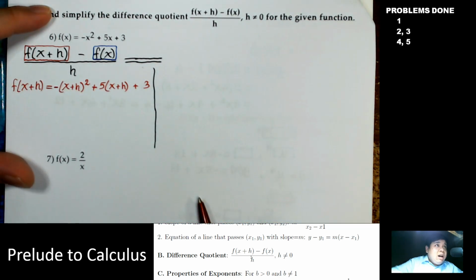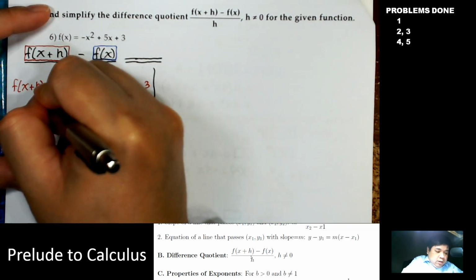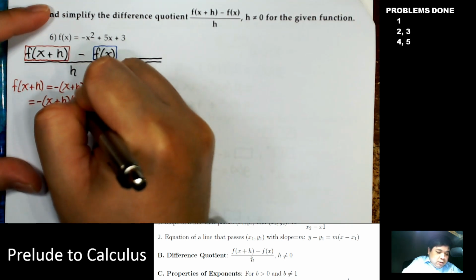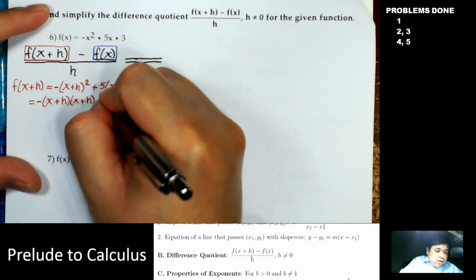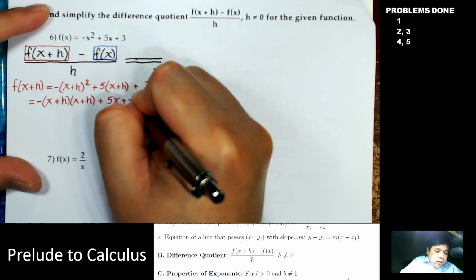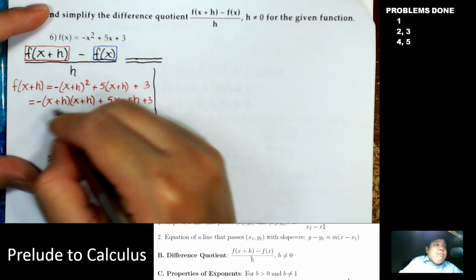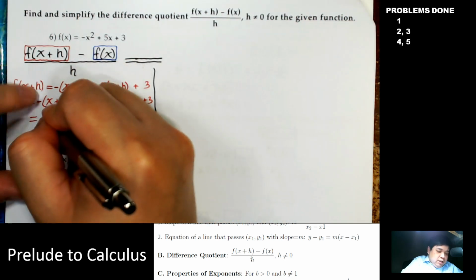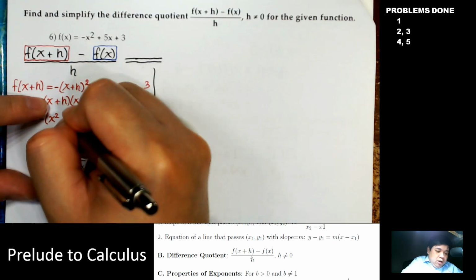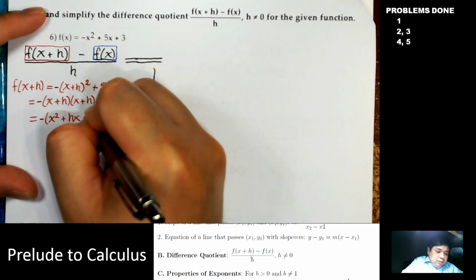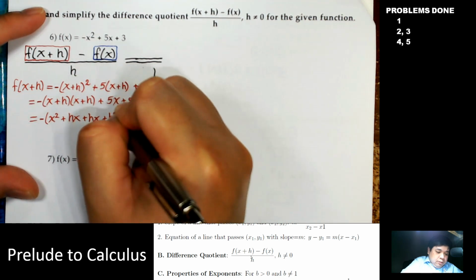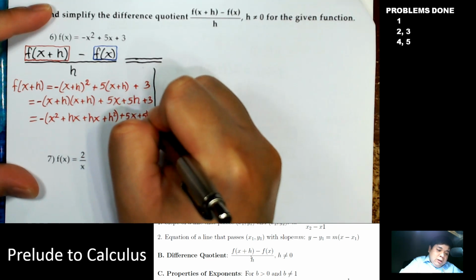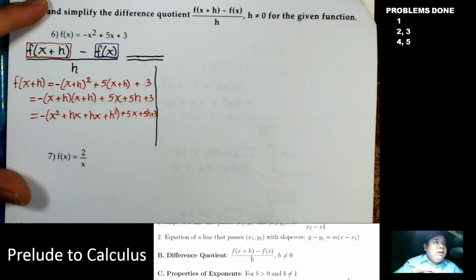Now I will multiply this out. This is a square, so multiply by itself. That will be 5x, 5h plus 3. Now just multiply this out. Negative will be x squared plus, and then 5x, 5h, and then 3. Right.